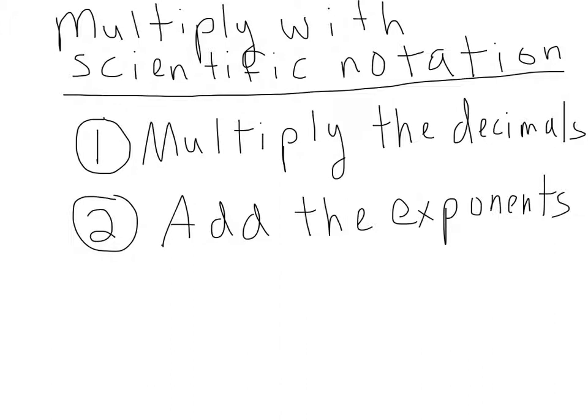So let's look at a quick example here. Now make sure you pause this video to get everything down. If you need to go back and copy the steps down, make sure you pause the video, because now we're going to do a problem, and pause it as we're doing the problem when you need to.